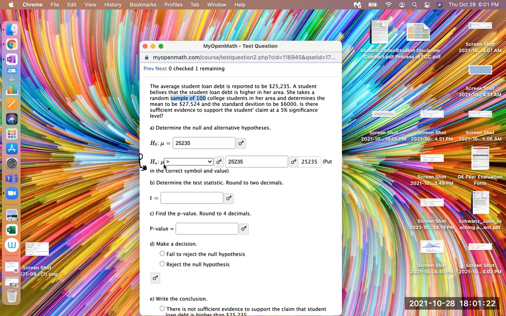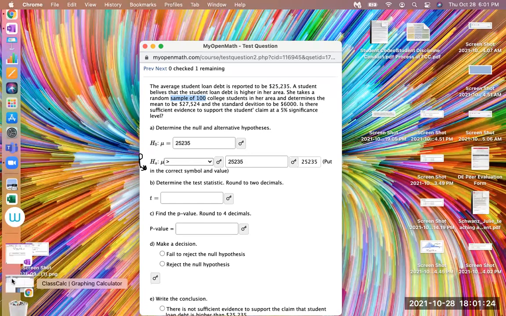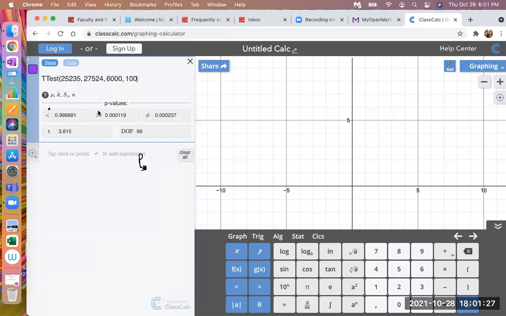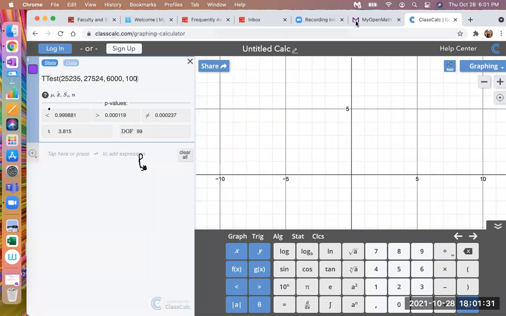So now I just have to go to the one that's facing toward the left, and that one is my p-value. There we go.